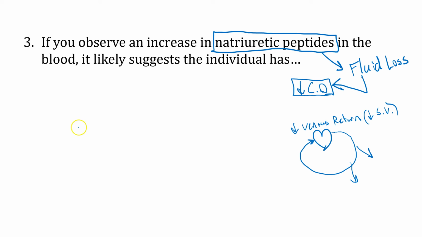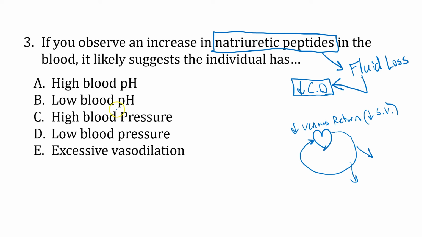So if we see one of these answer choices is decrease in cardiac output, then great, that's our answer. But when we look, oh shoot, decrease in cardiac output isn't one of our choices. So now we're left to find which one of these things is related to a decrease in cardiac output.